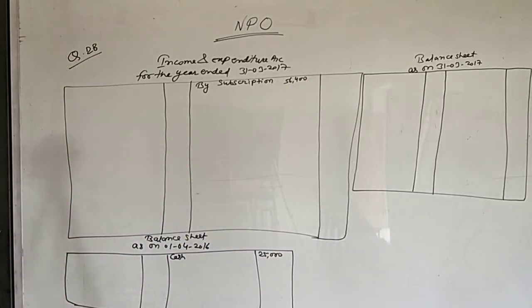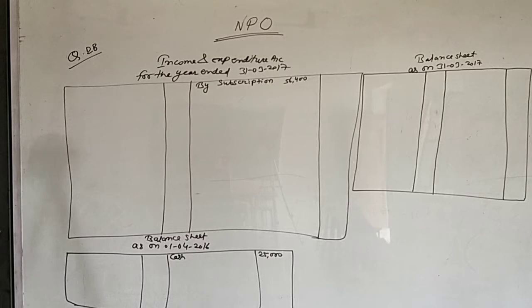Before moving on to the next items, first we should read the additional information to find which items have additional information. First point: subscription outstanding as on 31st March 2016 was 3,000. This is the opening subscription outstanding, means last year's subscription outstanding, and on 31st March 2017 it is 6,000. This is current year's outstanding.